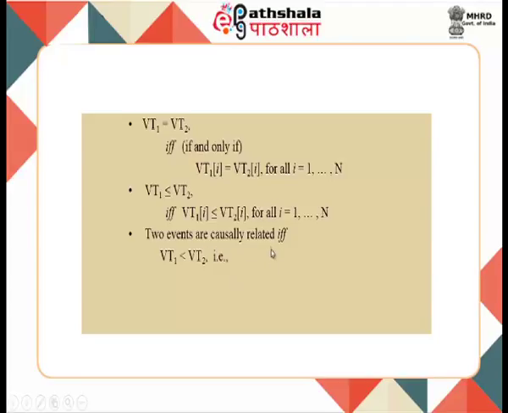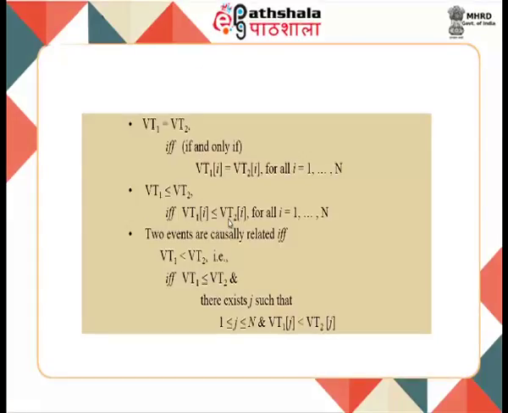Two events are causally related if and only if Vt1 is less than Vt2. So, how do I say less than Vt2? If Vt1 is less than or equal to Vt2 and there exists some j for which Vt1[j] is less than Vt2[j].